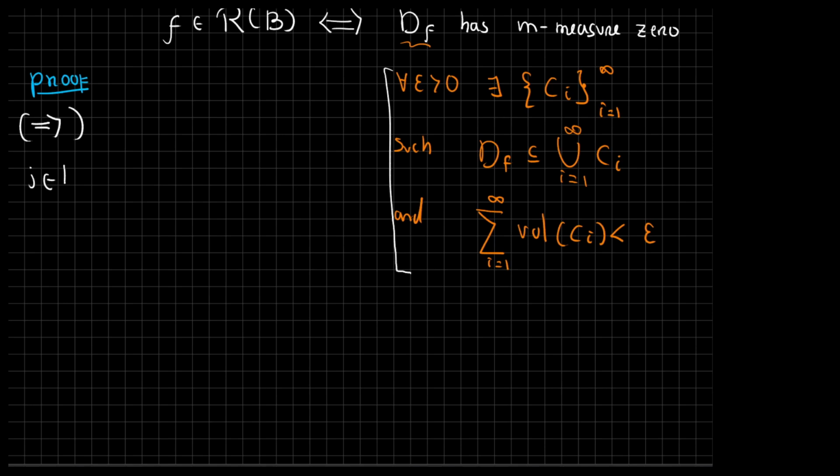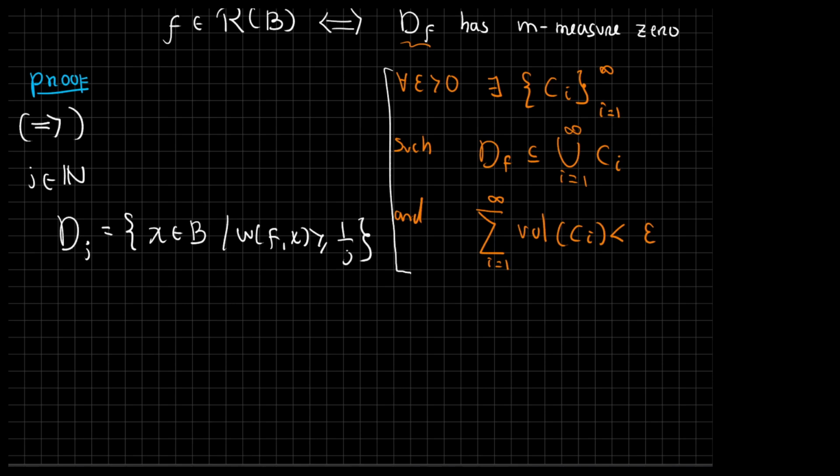Let's say that we have some natural number j. Then we define the set D of j like this. This is a subset of the domain such that the oscillation of f at the point x is greater or equal than the inverse of j.